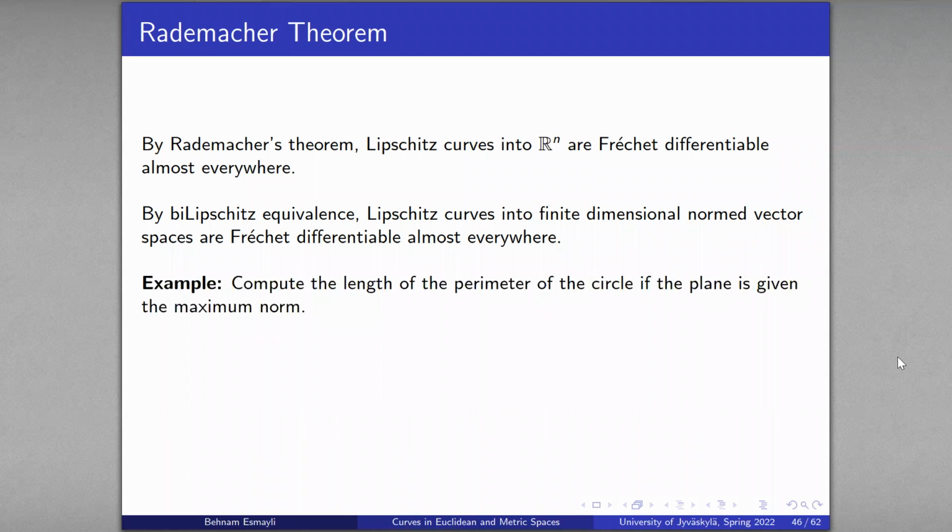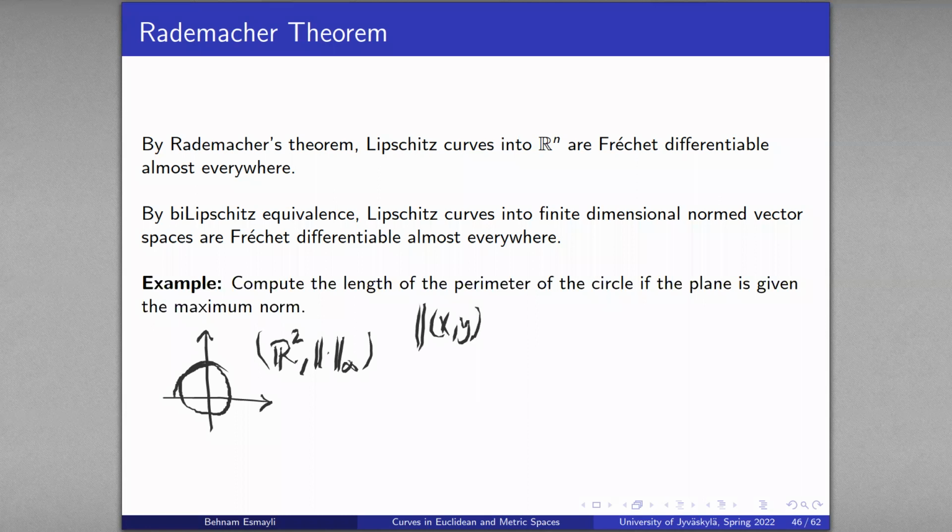And I want to give you a concrete example of how this can be applied. Let's say we want to talk about the perimeter of a circle if we give R2 the maximum norm, which means the norm of (x, y) is the biggest of |x| and |y|. Okay, and we had seen this in some of the videos before.